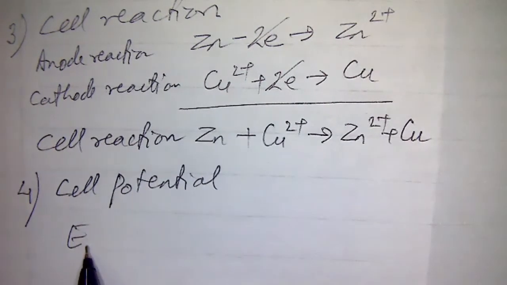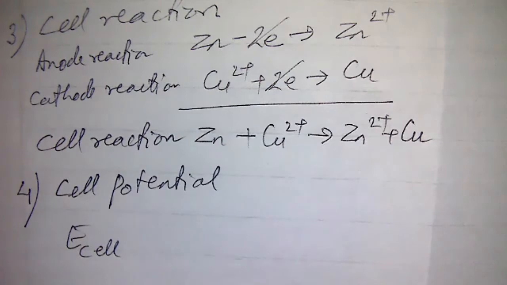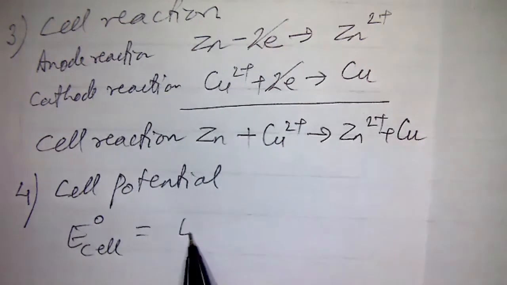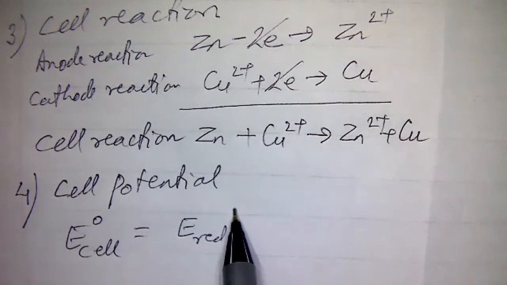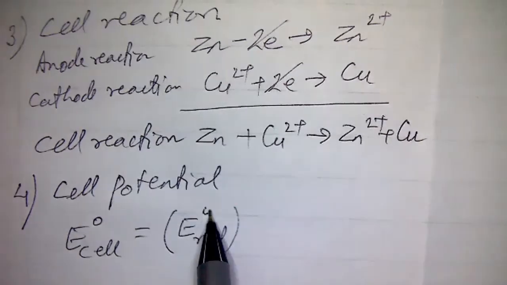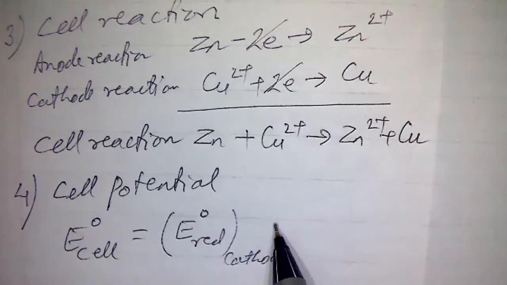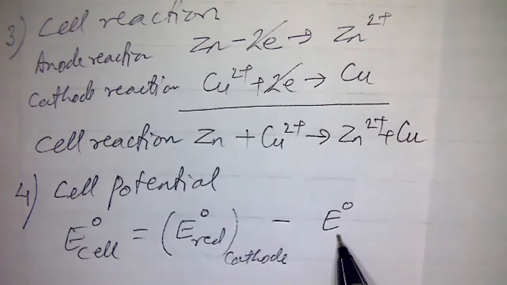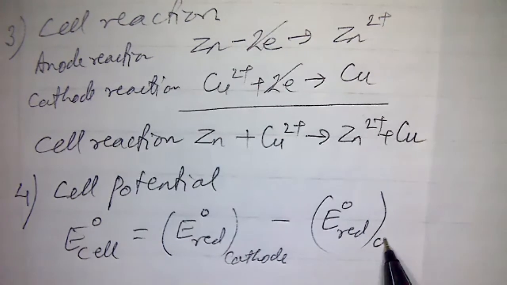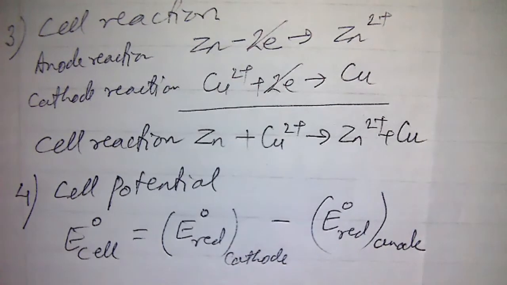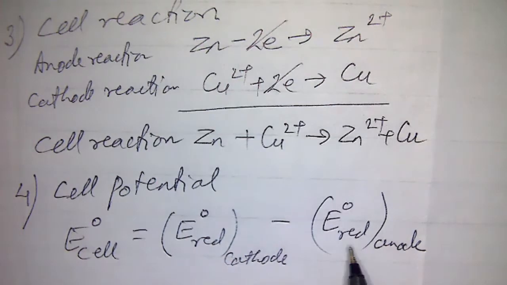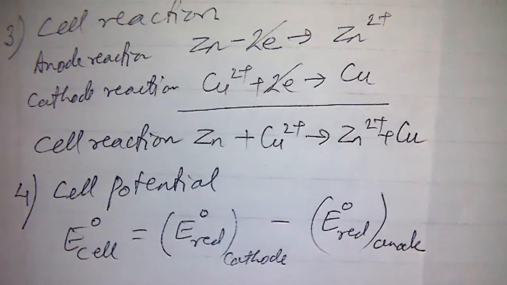E cell, E cell is standard, so we write E naught cell equals E naught reduction of cathode minus E naught reduction of anode. Both are reduction. We could write plus here, but then it will be oxidation and you'll get confused, so always try to use reduction.